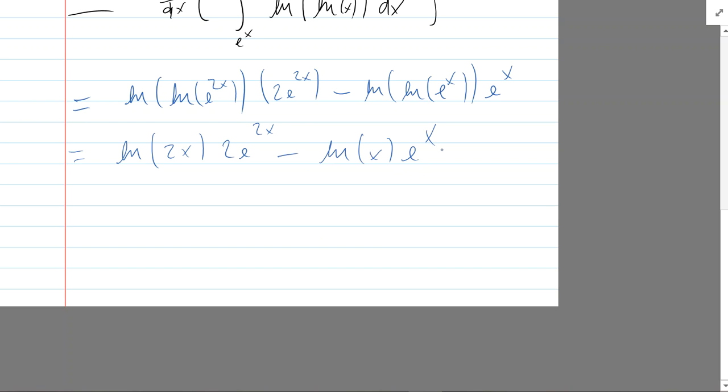If I really, really wanted to, could I simplify it more? I could. I could pull an e to the x out of both parts, because e to the 2x is e to the x times e to the x. We're not going to worry about that. Did you see the technique, though? Is this to handle something that you do not know how to integrate? Yes, that's what this is for.